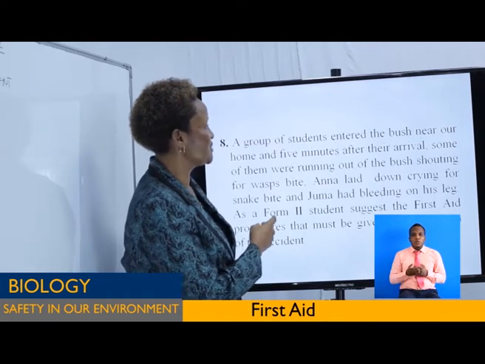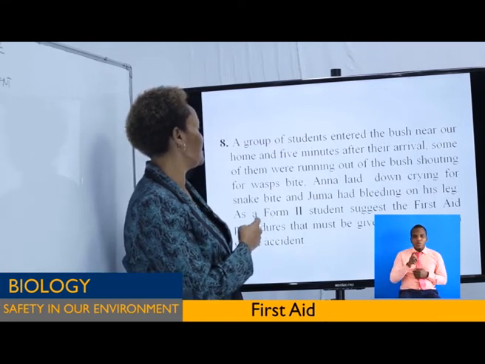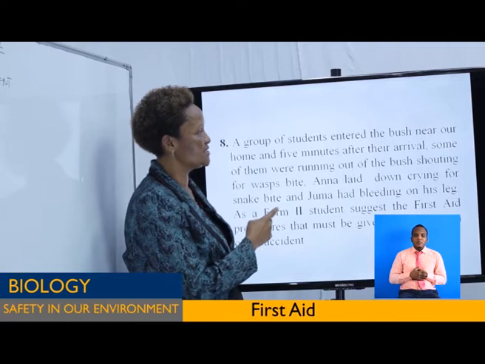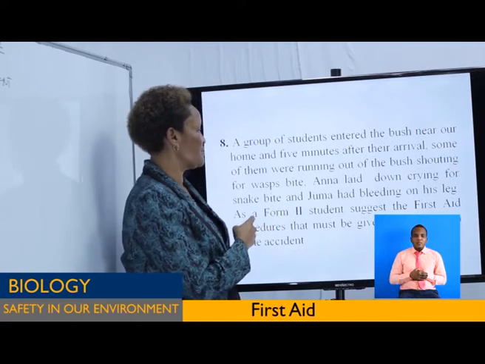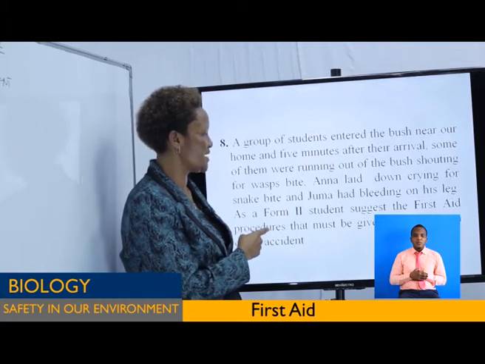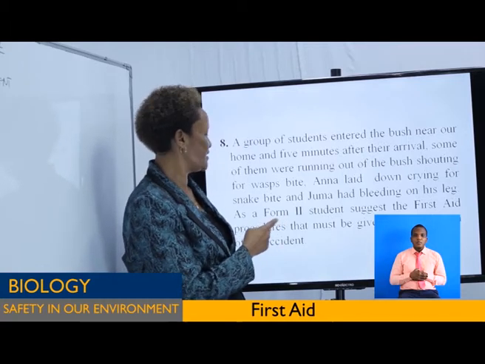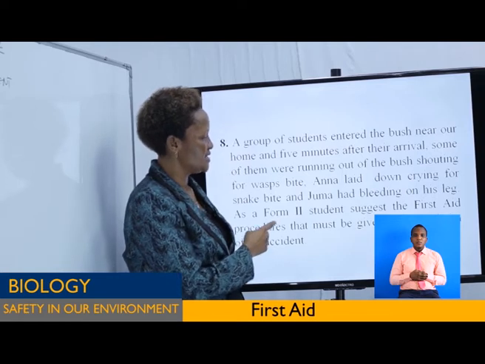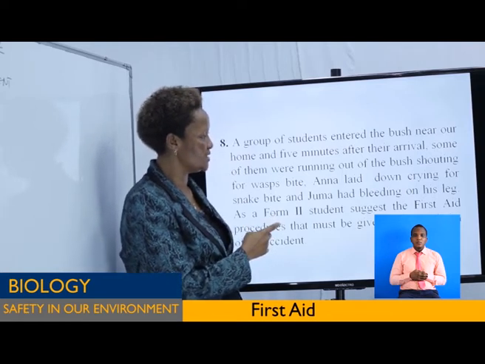A group of students entered the bush near our home, and 5 minutes after their arrival, some of them were running out of the bush shouting for wasp bite, Anna laid down crying for snake bite, and Juma had bleeding on his leg.